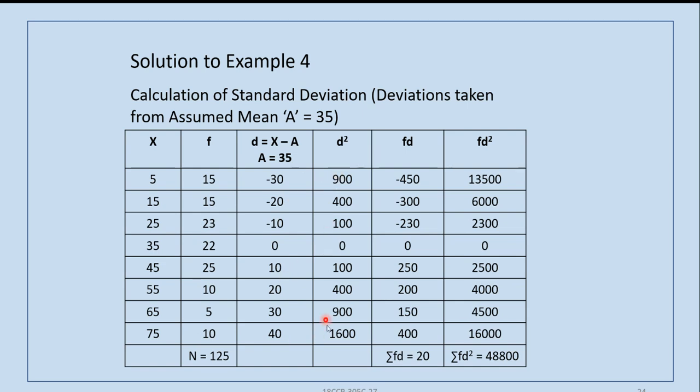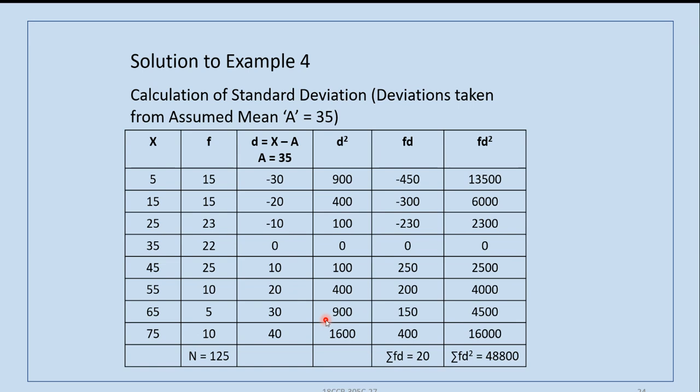Now we take d square, that is minus 30 into minus 30, 900. Please be careful with the negative signs. Minus into minus is plus. So 900, 900, 400, 100, 100, 400, 900, 1600 respectively.